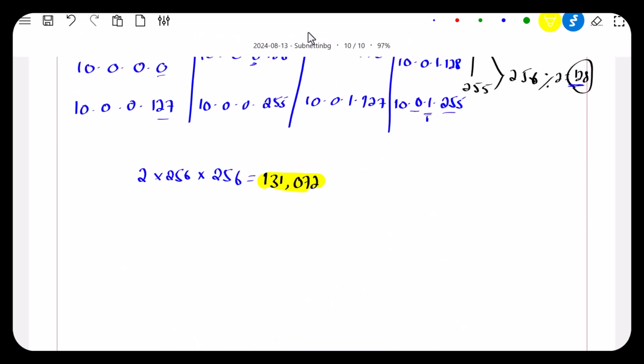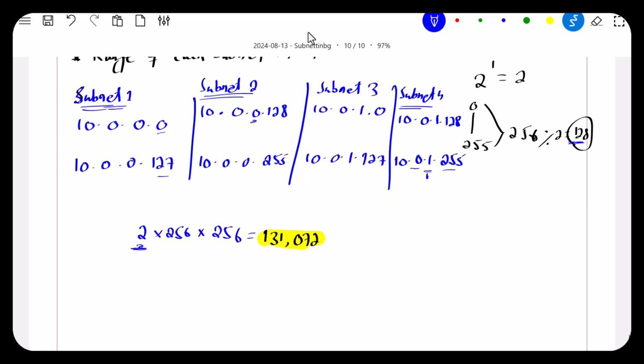So you can see, my dears, here in the fourth octet we have 2 subnetworks, as we can see, because we borrowed 1 bit from there. And the third octet and the second octet totally belong to the prefix. So 2 multiplied by 256 multiplied by 256 is 131,072, the number of subnetworks.